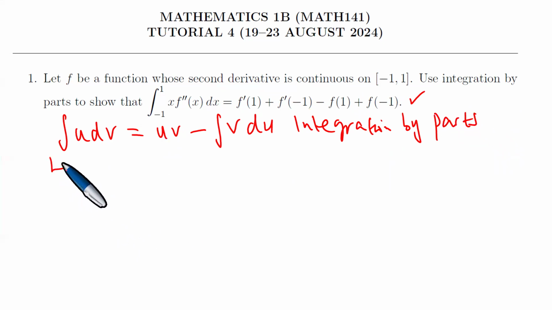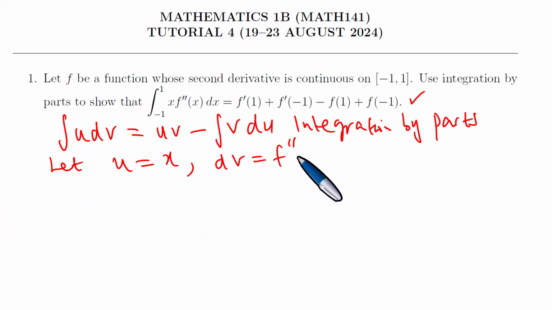At this point, you let u be equal to the thing that can be differentiated such that if it's differentiated, it disappears, and v must be that entity which, when integrated, vanishes as well.